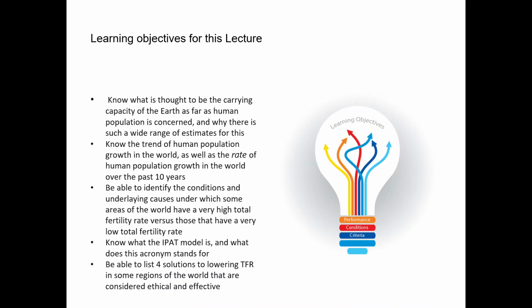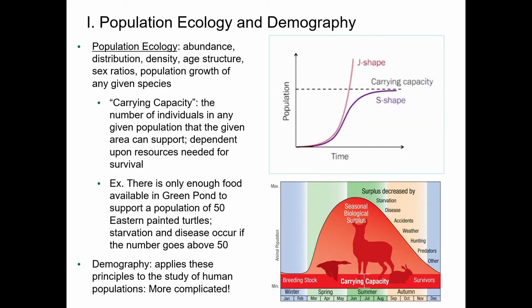We're going to talk about carrying capacity, human population growth rate and some of the underlying conditions, what that means to the environment, and then some solutions to these issues.